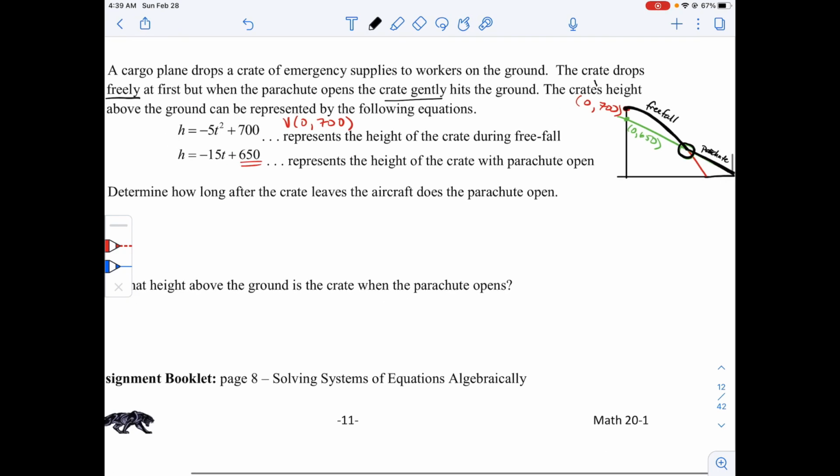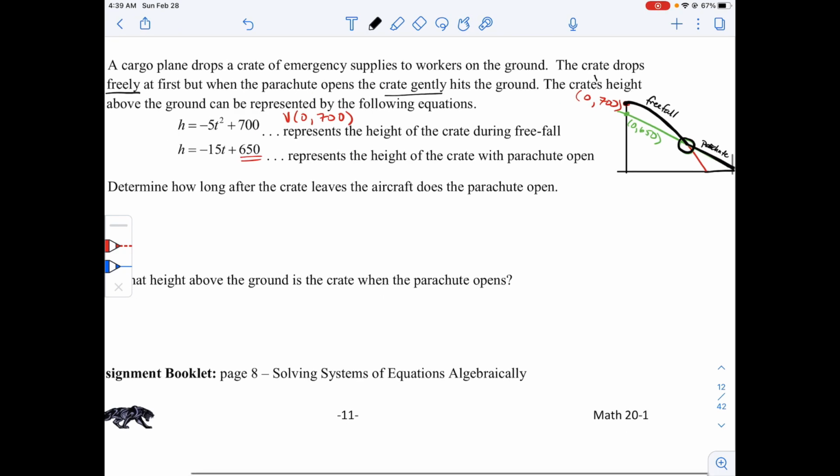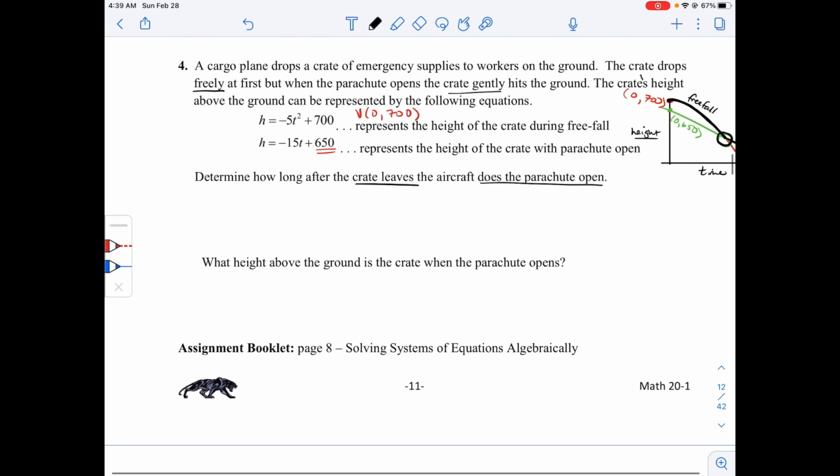Okay. So determine how long after the crate leaves the aircraft does the parachute open. Of course this is time and this is height, so we're really looking for the x coordinate in this case. If we look at our two equations, this is a nice substitution because h is negative 5t squared plus 700, or h is negative 15t plus 650.